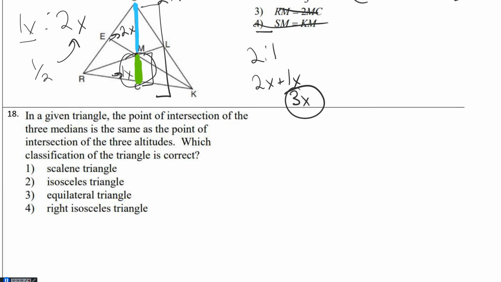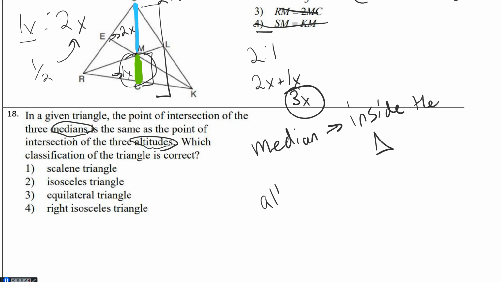In a given triangle, the point of intersection of the three medians is the same as the point of intersection of the three altitudes. Which classification of the triangle is correct? This is a good question. So first off, I know the medians always need to intersect inside the triangle.